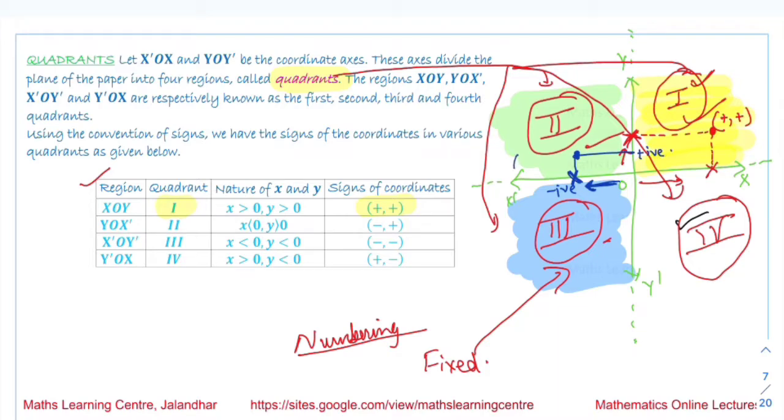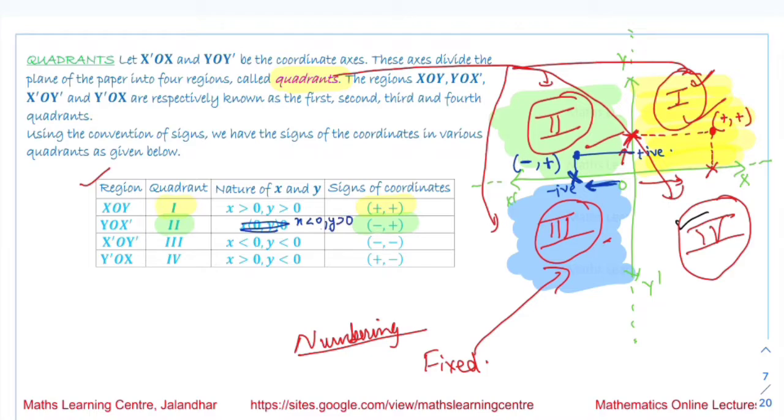This is mentioned over here: in the second quadrant the x coordinate is negative and the y coordinate is positive. Basically we are writing that x is less than 0 and y is greater than 0.